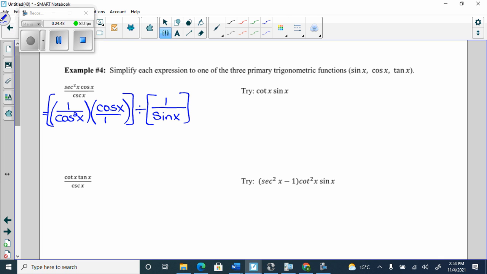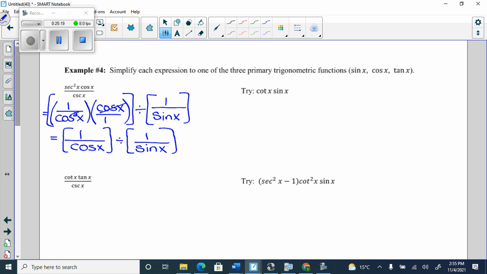So this squared, because they're both touching by brackets, can cross off that cos. And I'm left with 1 over cos x divided by 1 over sine x. So we have a full fraction divided by a full fraction, correct?